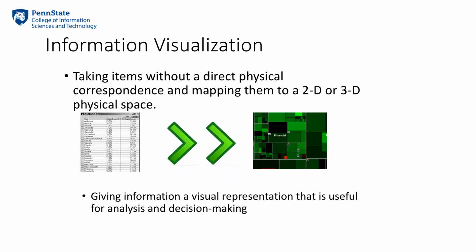When we try to map these higher dimensions to the two-dimensional or three-dimensional space that humans are used to perceive, there is a challenge in the choice of dimensions and how we can represent more than two or three dimensions. There have been a lot of creative ideas on how this can be done.